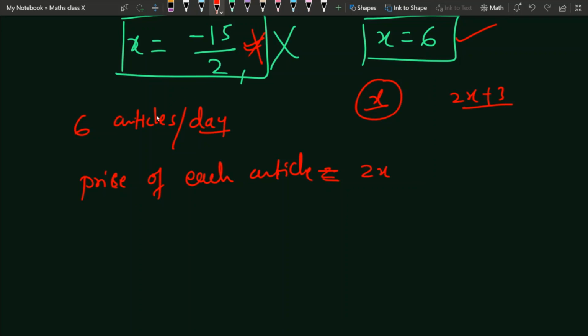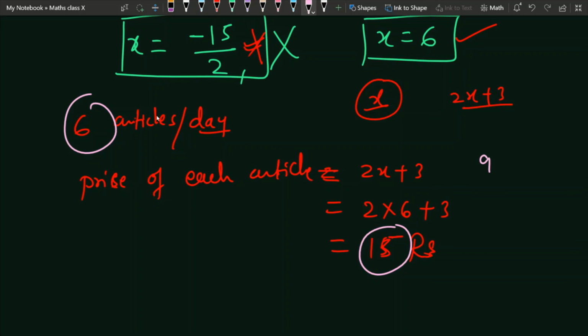So it is 2 multiplied by 6 plus 3, 15 rupees per article. And then 15 multiplied by 6 is nothing but 90. And that's what it is saying, that there are 6 articles.